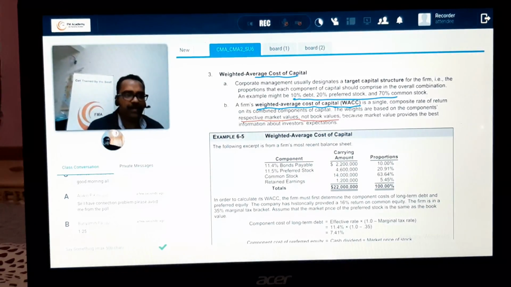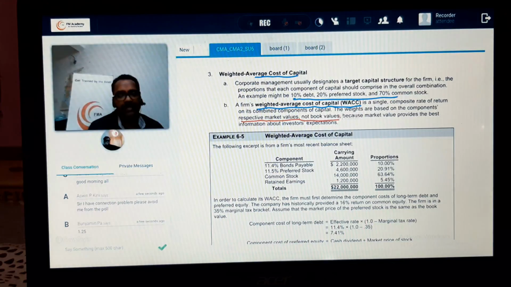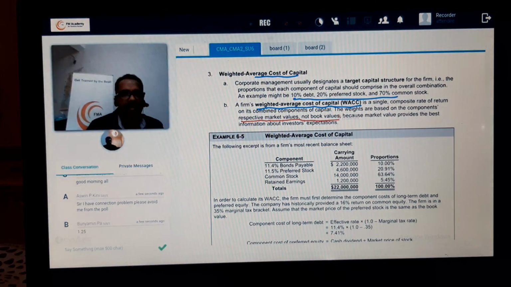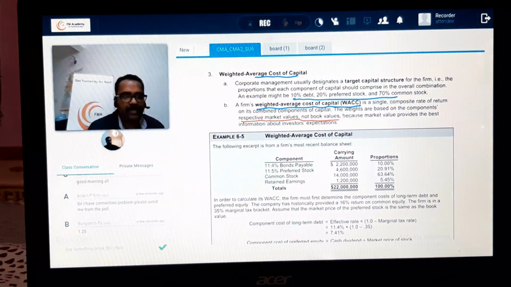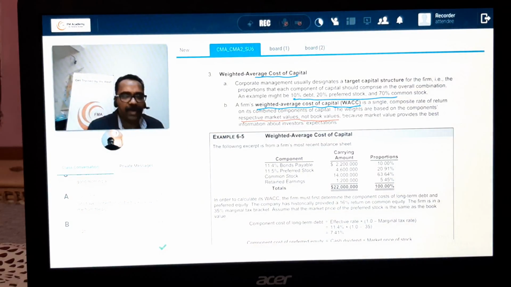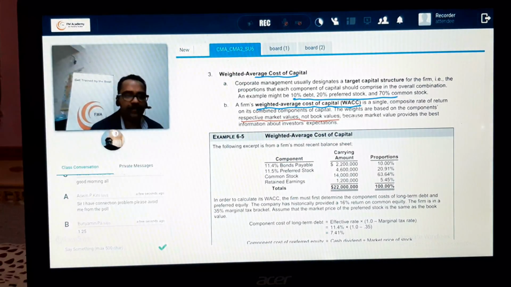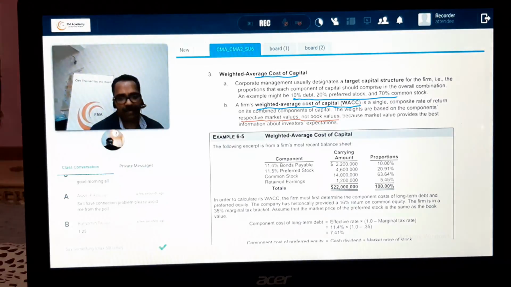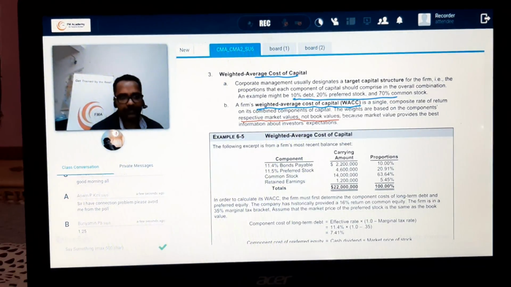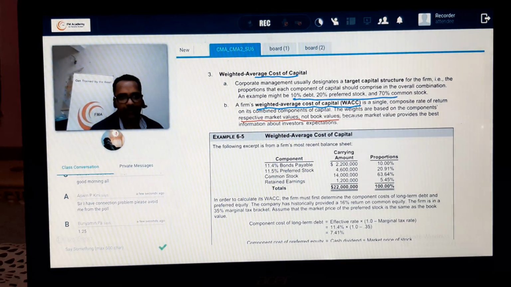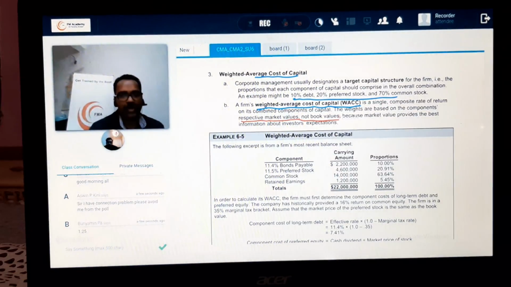We discussed n number of calculations. But some people just do the calculation mechanically. Next time someone asks what is weighted average, how to take a weighted average, they don't know. We cannot pass CMA that way, simple. So the student should have a good idea.